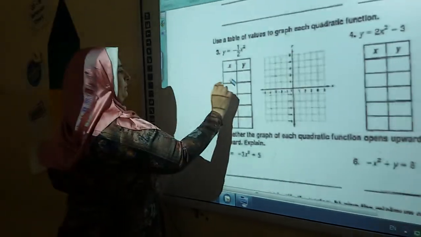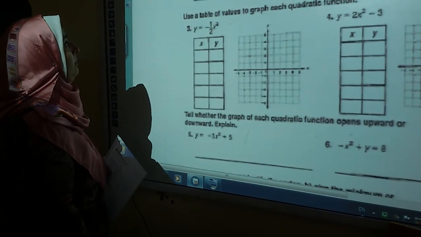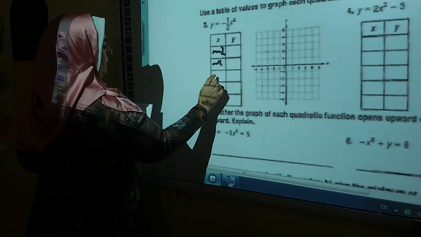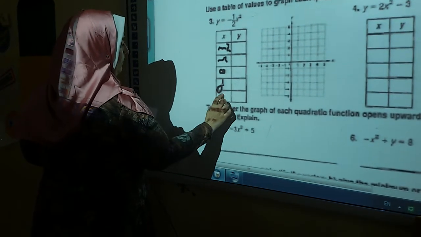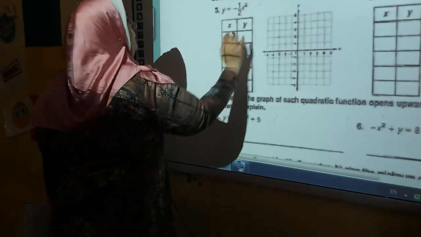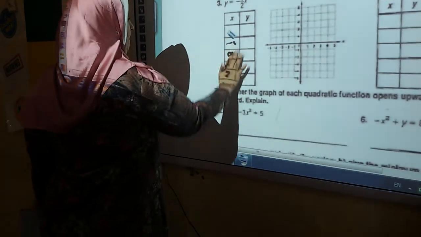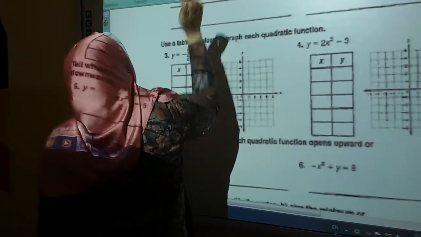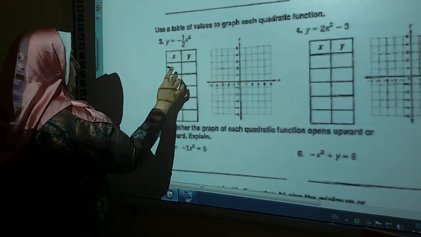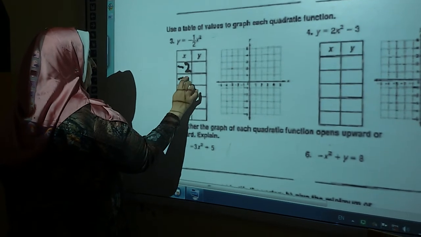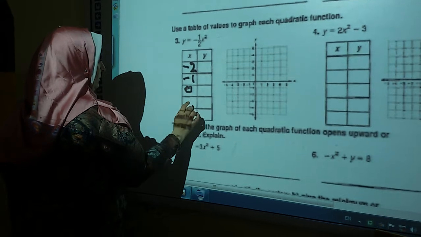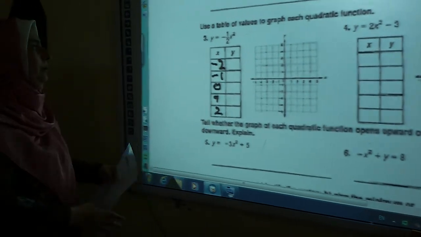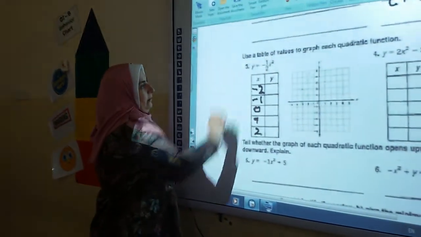If I have here negative 2, negative 1, 0, 1, and 2, we're going to substitute negative half times x to the power of 2.